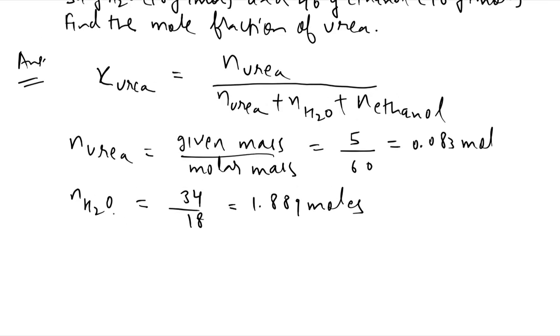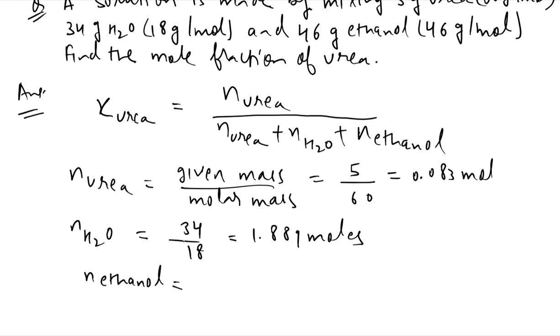Then we have the number of moles of ethanol. The given mass for the ethanol is 46 and its molar mass is also 46, so this will be just 1 mole.